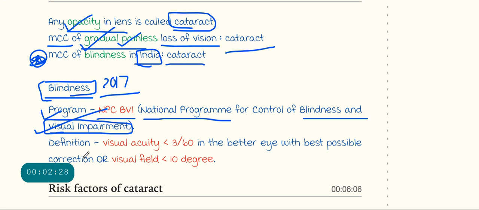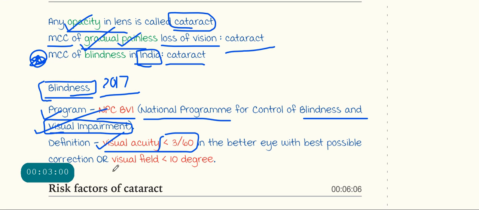Now, what definition of blindness has been concluded by the NPCBVI? The visual acuity in blindness is less than 3/60.